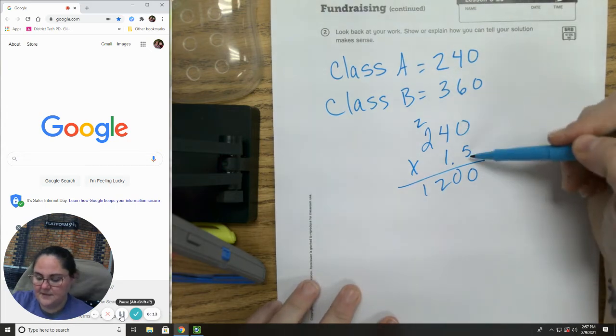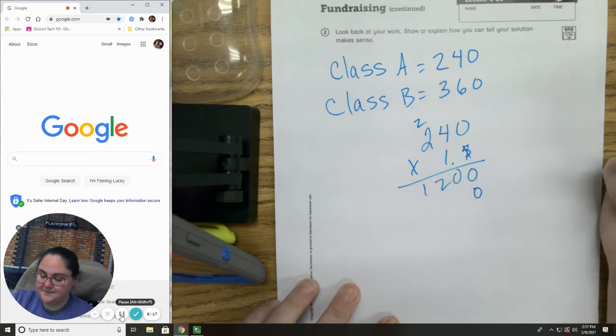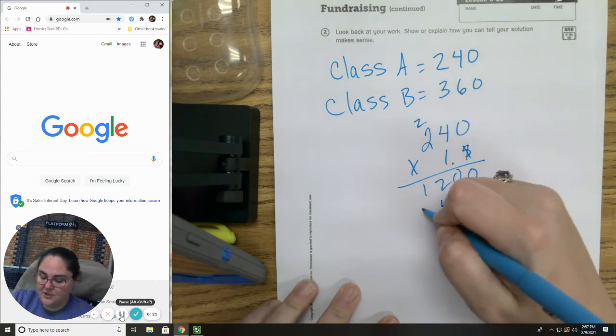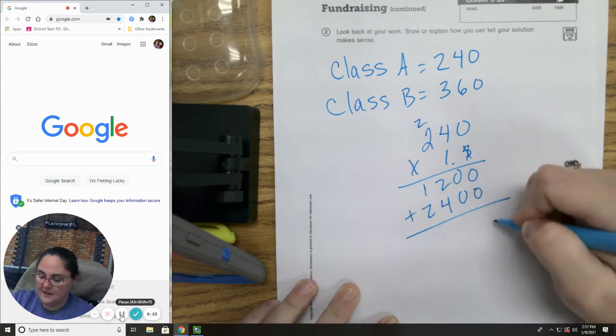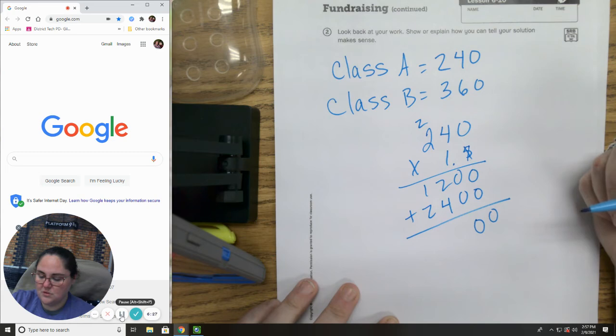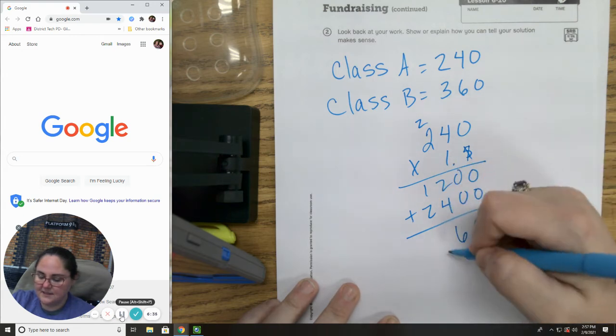X's and O's. 1 times 0, 1 times 4, and 1 times 2. 0, 0. 6, 3.